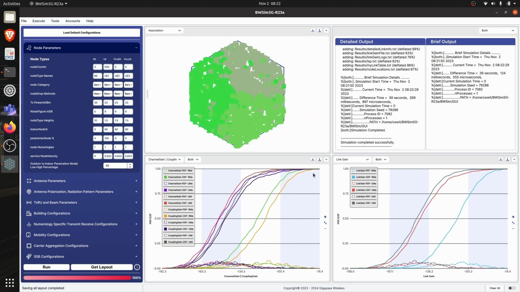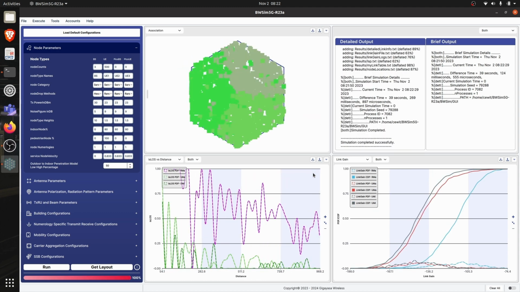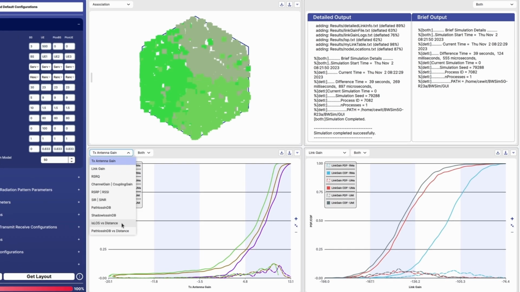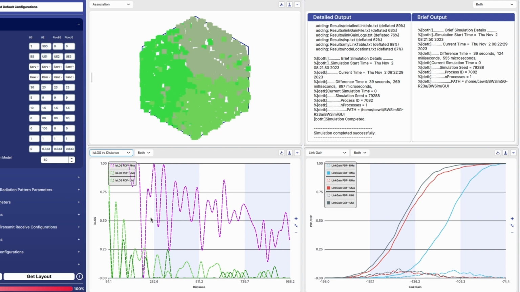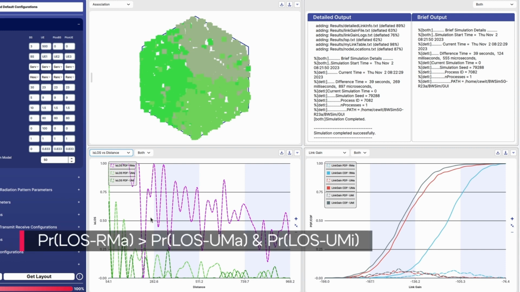So now the simulations required for the first observation are complete. Let's take a look at the parameter in question, probability of LOS. As you can see here, the probability of LOS existence in RMA is higher than the probability in UMA and UMI.